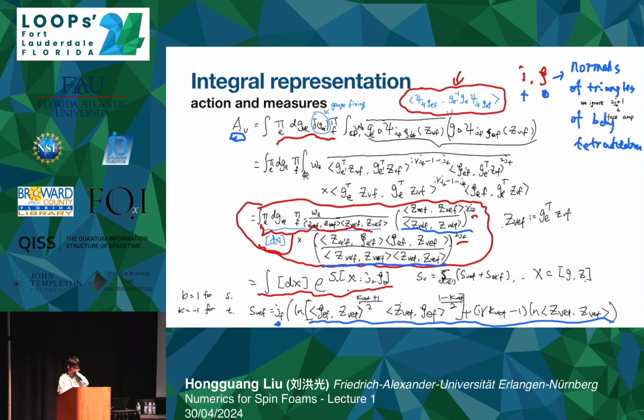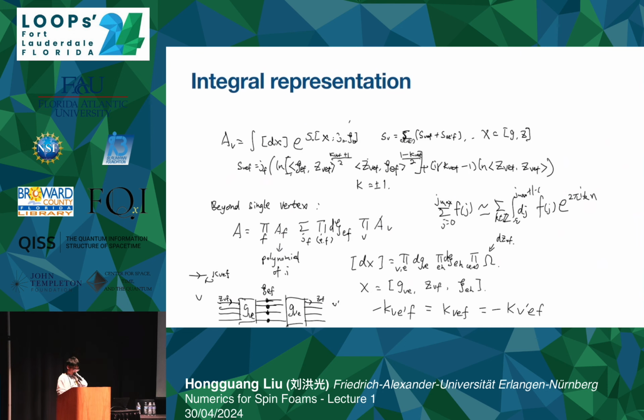And spin is the area, more or less the area, as Francesca already told you. Area of the triangles of the boundary tetrahedron. So this gives you all the boundary data, which is the geometric data of the boundary. And then from this geometric data, we obtain the spin form amplitude.